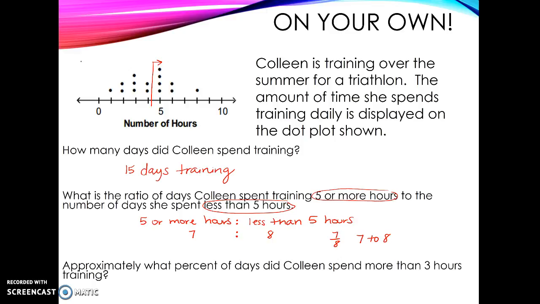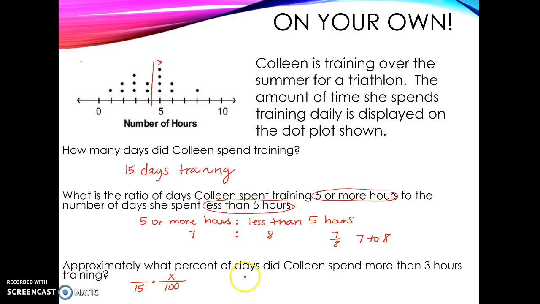All right. Then it says approximately what percent of the days did she spend more than 3 hours training? So what percent? We're looking for a percent proportion. So x over 100. How many days did she spend training? We already figured that out with the number of dots. 15 days training.